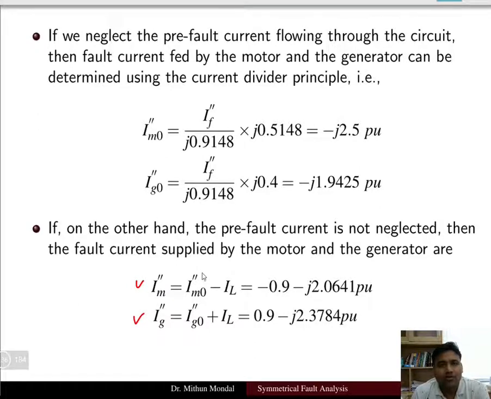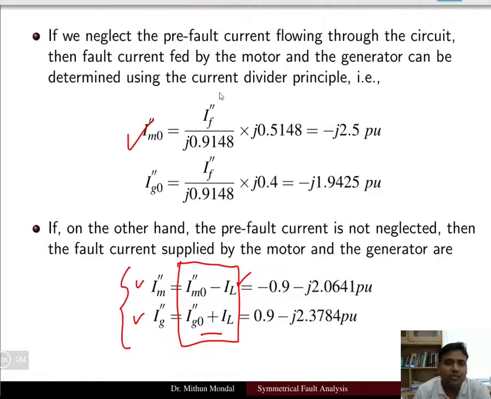That will be equal to the current that we have calculated here minus the load current, and here we have to add the load current. So these two cases we can use to find the fault current supplied by the motor and the generator, and this is calculated with the help of the current division rule.